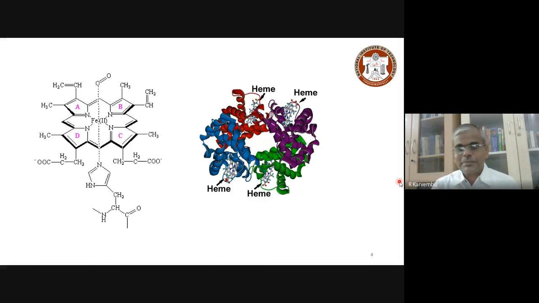But this may not be correct, because this is not the only coordination compound that occurs in nature. If you take plants, there is chlorophyll, particularly in green plants, that helps photosynthesis, and chlorophyll acts as a photosensitizer. You have magnesium, and you also have a porphyrin ligand system in chlorophyll.